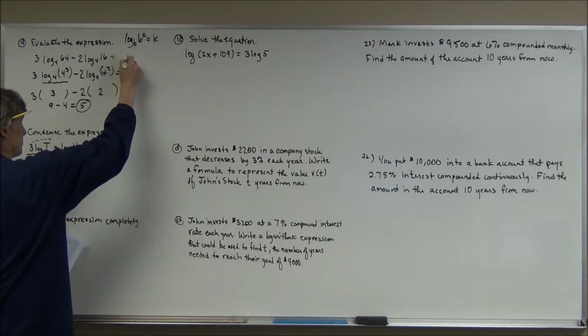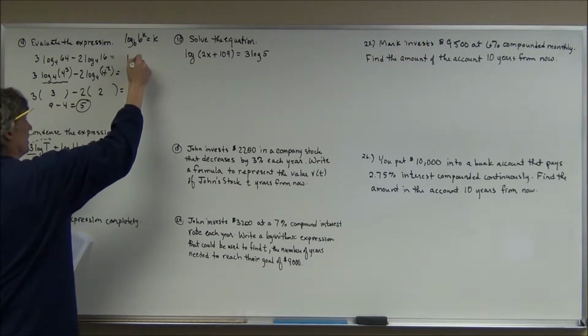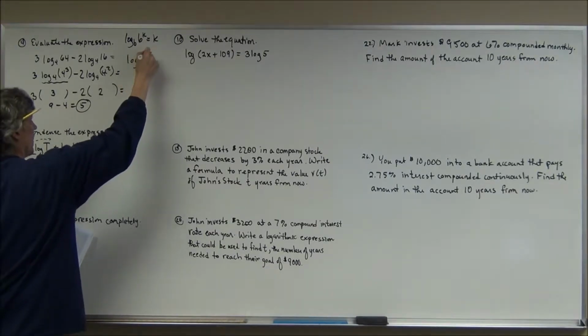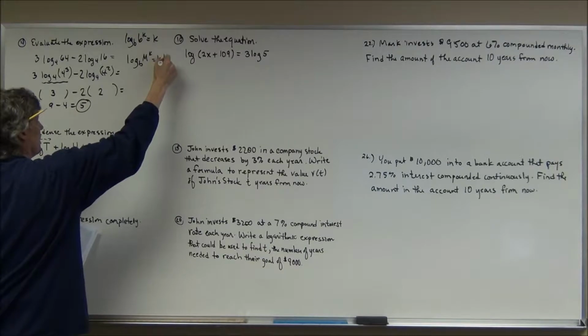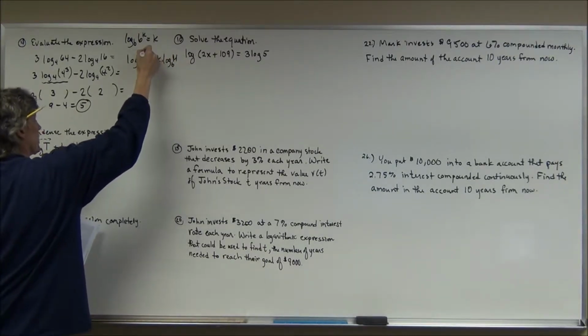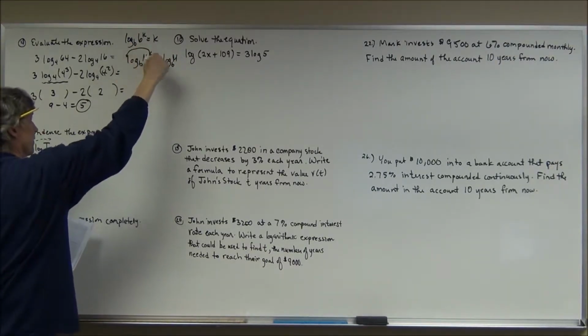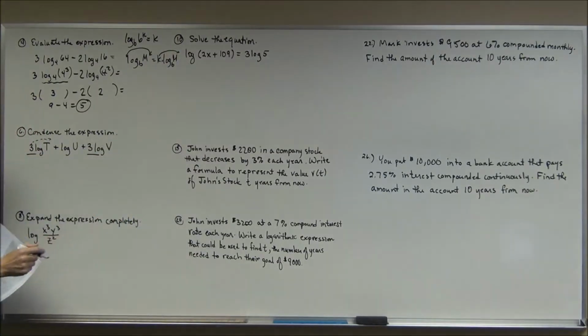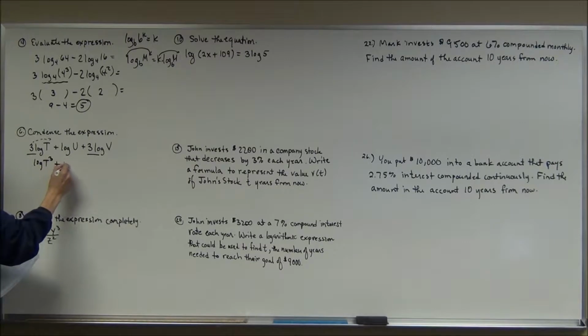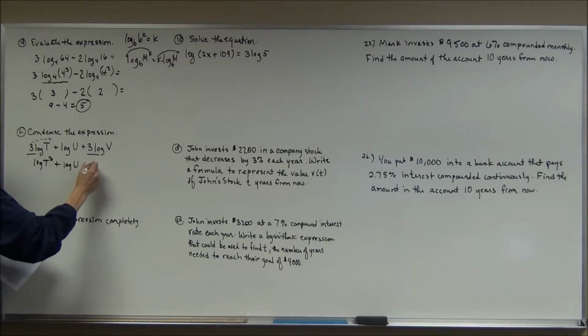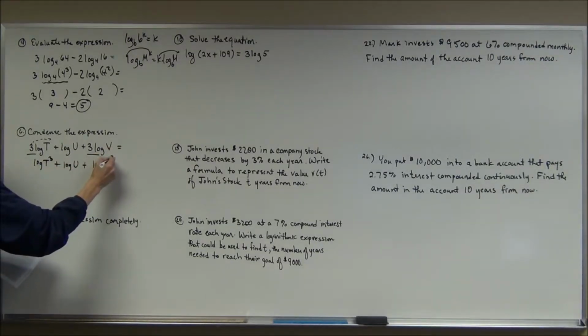It says log base b of m to the k is equal to k times log base b of m. The exponent comes out in front, and you can bring it right back up. So this is going to be the log of t to the 3rd plus the log of u plus the log of v to the 3rd.